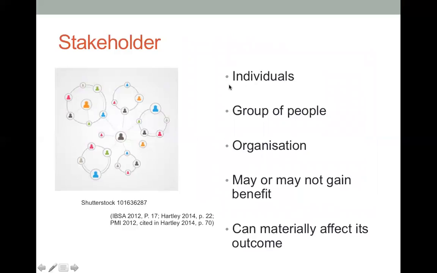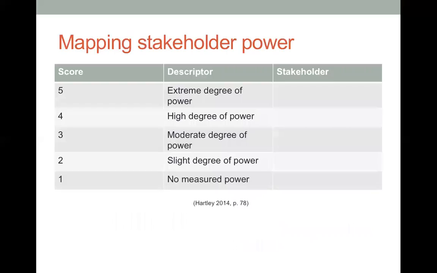Right, now we talk about the stakeholders. This is what we mean by stakeholders: individuals, groups of people, organizations. They may or may not gain benefit and can materially affect the outcome. And in managing the stakeholder, some experts suggest to look at the power that they have, and we can map them from 1 to 5.